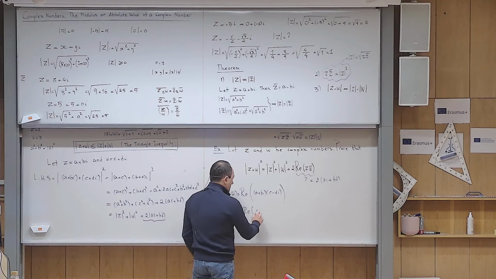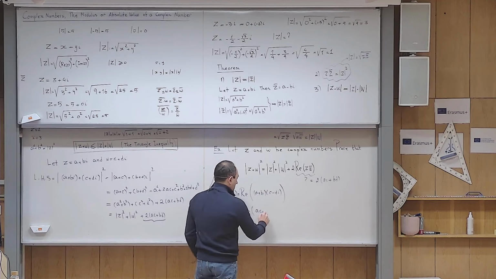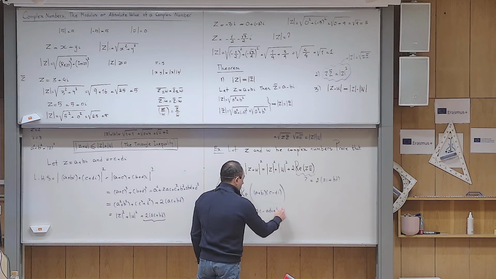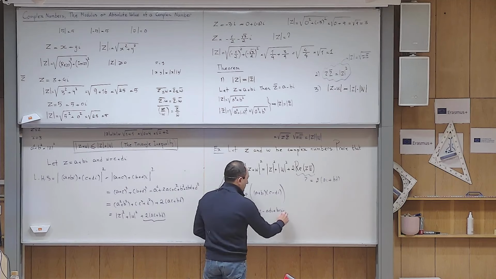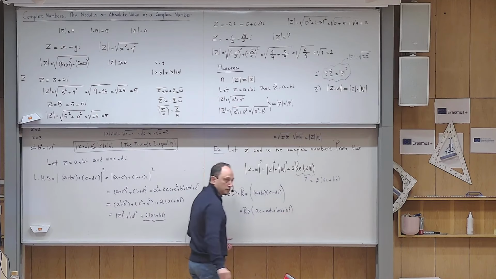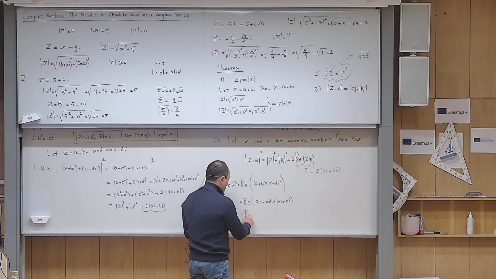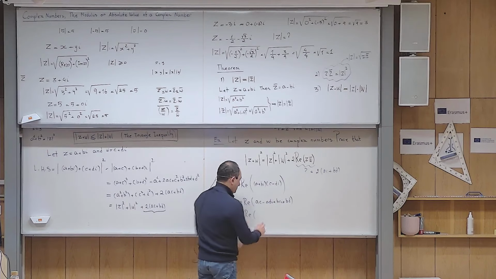I multiply, this becomes ac minus adi plus bci. And then this becomes minus bd i squared. But i squared is minus 1, so it becomes plus bd. Yes? So this becomes the real part, ac and bd together as usual.